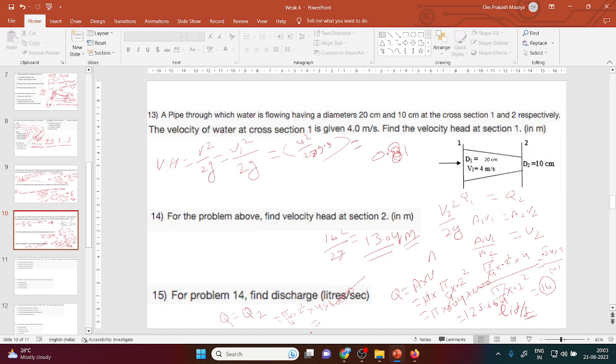Why? 20 centimeter is given. Sorry, sir, it's not in mm. Centimeter means you need to divide by 100, you will get 0.2. I think 125 is the correct answer. Let me check again. Yes, 125.67 liter per second is the correct answer.